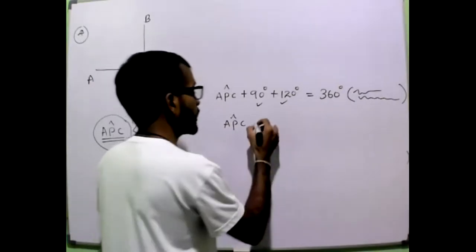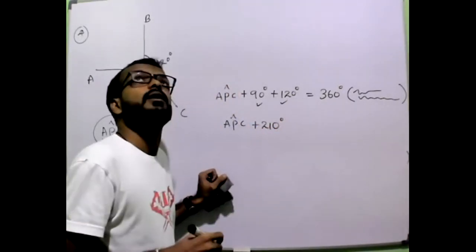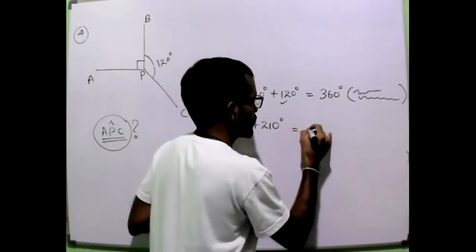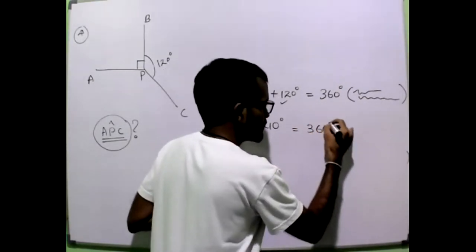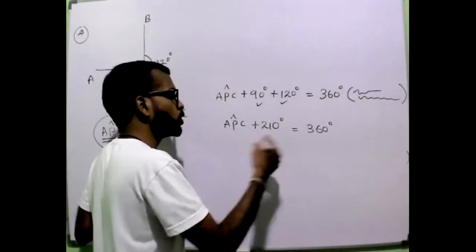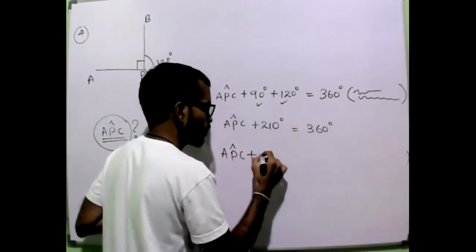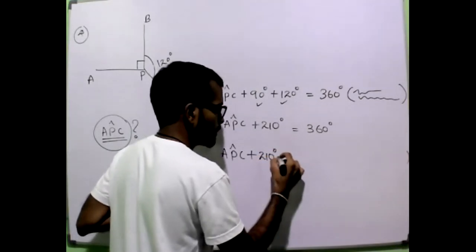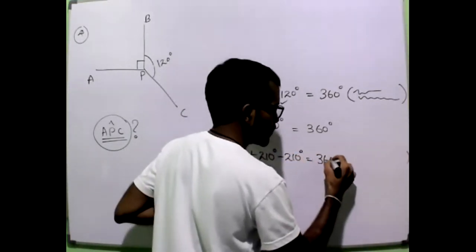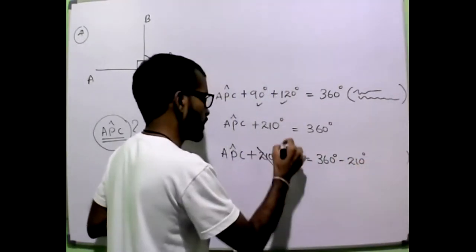It is 210. This is 360. And again, this is positive 210, and you need to make it negative. 210 degrees minus 210 degrees. So on your right hand side also you need to subtract that value. Cancel out, cancel out.